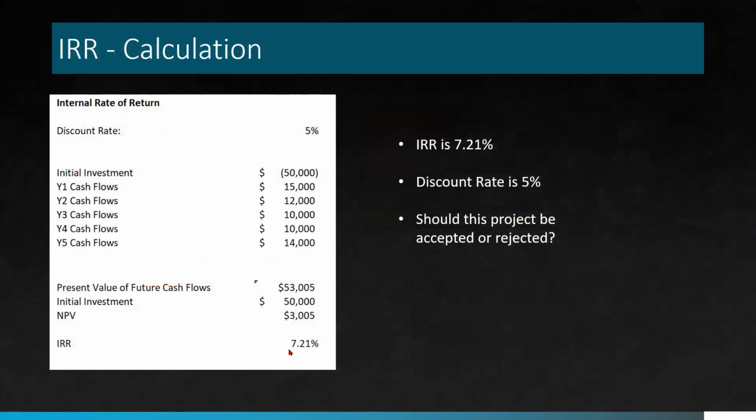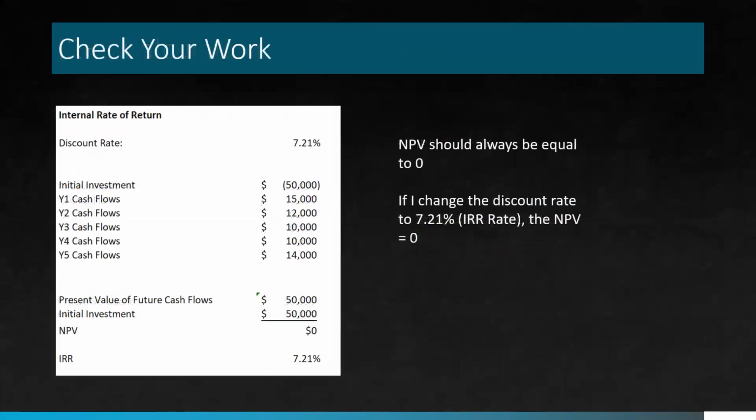And that gives me an internal rate of return of 7.21, right? So should this project be accepted or rejected? Well, my internal rate of return is higher than my discount rate, so I'm going to accept this project. You also want to be able to check your calculations, and you want to make sure that your NPV is equal to 0.